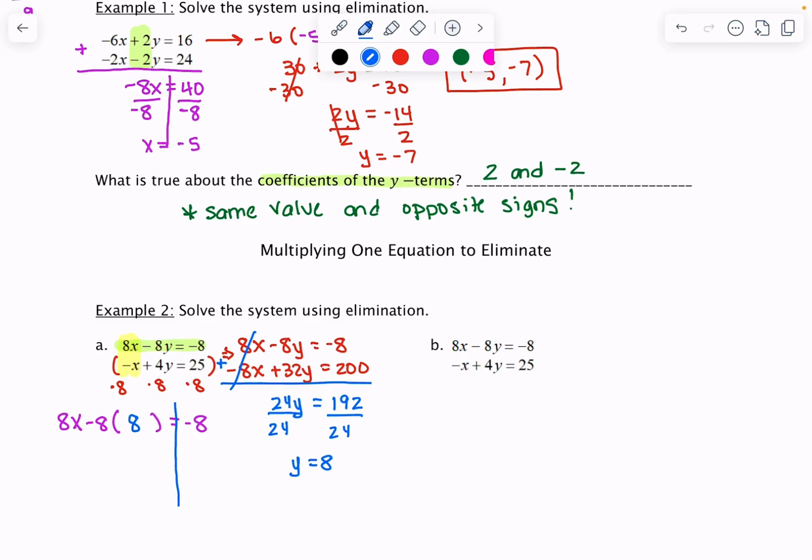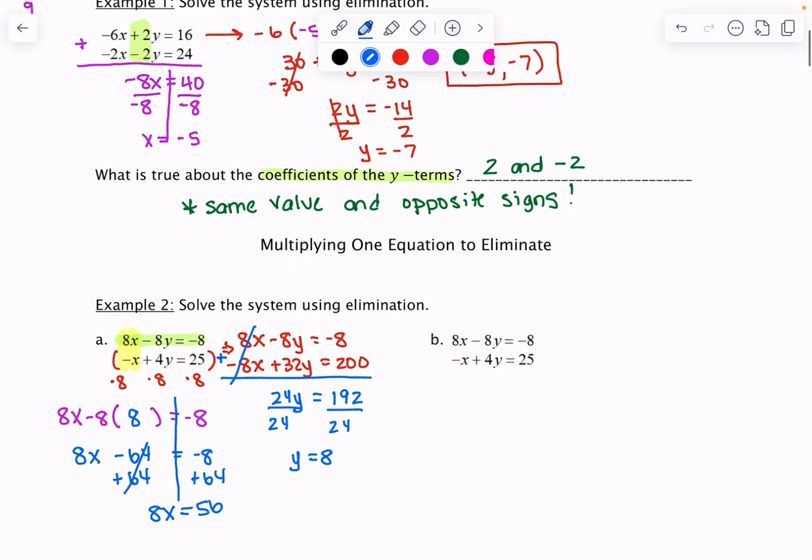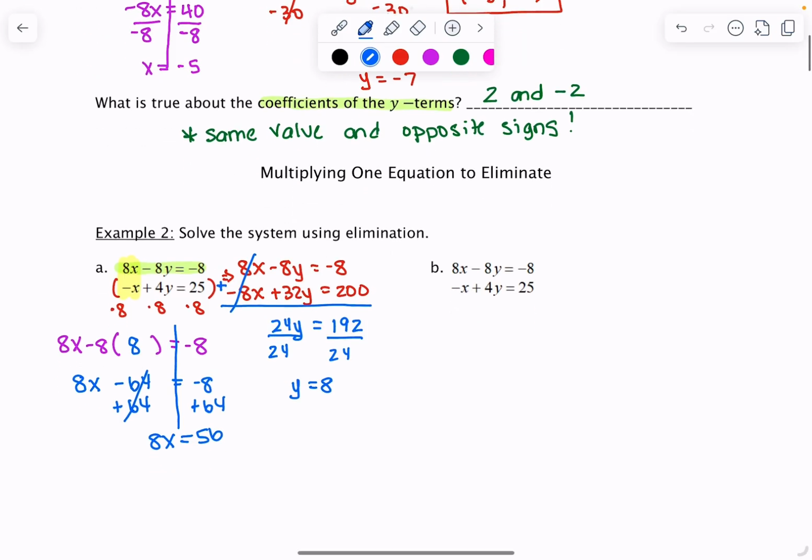Now I can go ahead and simplify. 8x minus 64 equals -8. I'm going to add 64 to both sides. And I get 8x equals -8 plus 64, which is 56. Divide both sides by 8. And I get that x equals 7, for a coordinate pair of 7, 8.